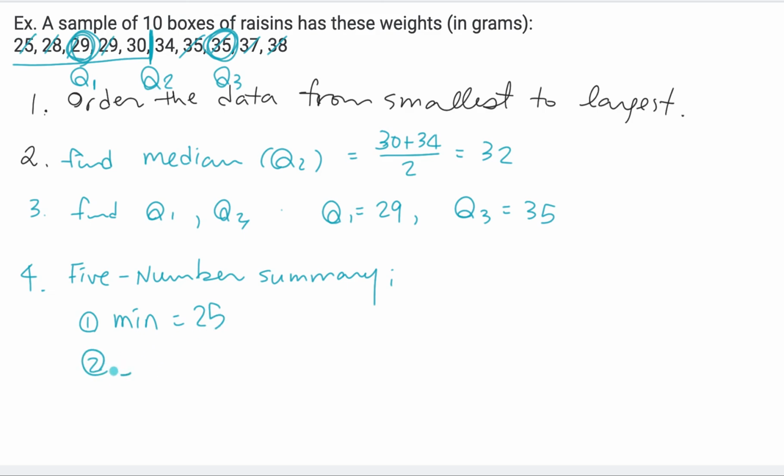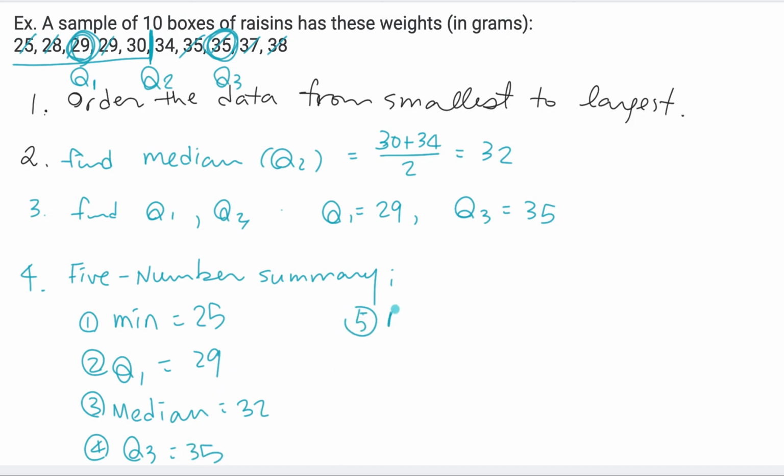What is Q1? 29. What is Q2 or median? 32. What is Q3? 35. Last one. What is the maximum? 38. So once you know all of these numbers, we can use them.